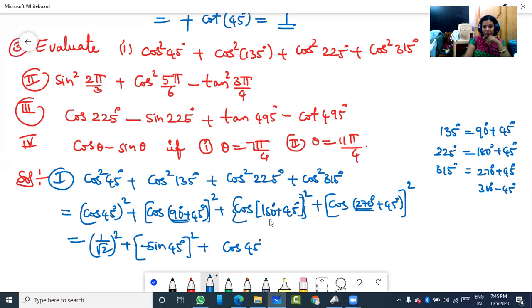But cos 180 plus 45 will come in the third quadrant. In the third quadrant, cos is negative, minus cos 45 degrees whole square, plus 270 plus 45 means it is in the fourth quadrant. But 270 means it changed into sine 45 degrees. In the fourth quadrant, cos is positive, so it whole square.